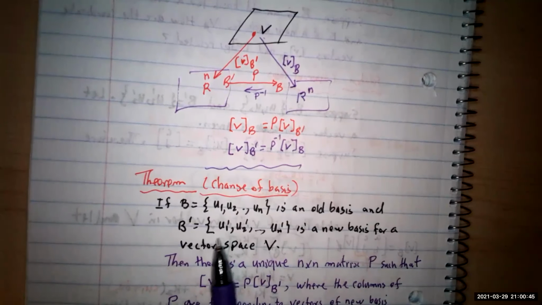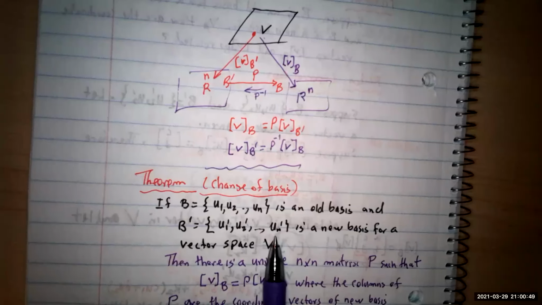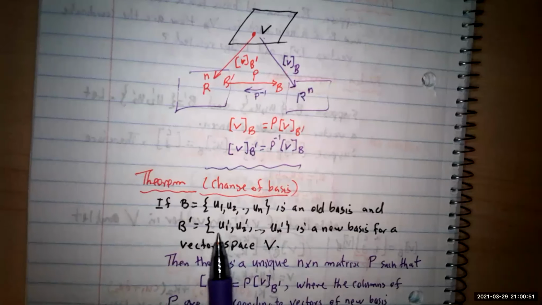You see, these are going to be the new basis vectors. What you're going to do is take each one of these out as a vector and write it as a linear combination of these B's.